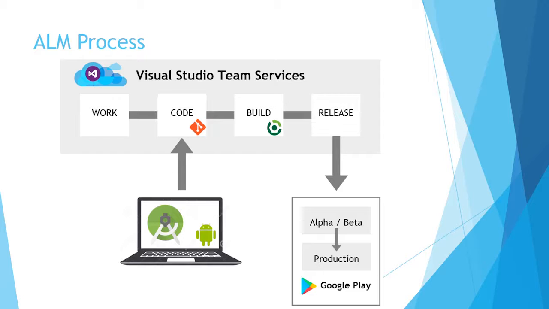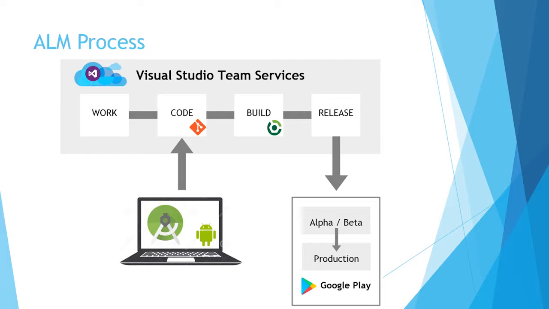And with that, when I change a piece of code from my Android Studio, I can push my change and commit my change, and automatically the build is triggered. With that, I can check my source code, the quality of the code, my unit tests also.